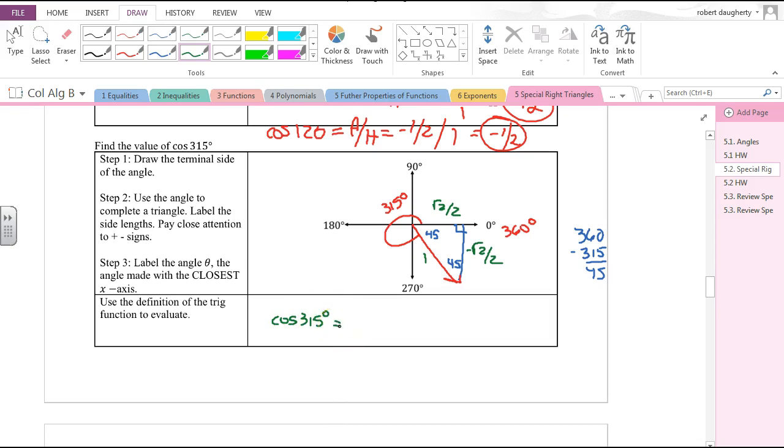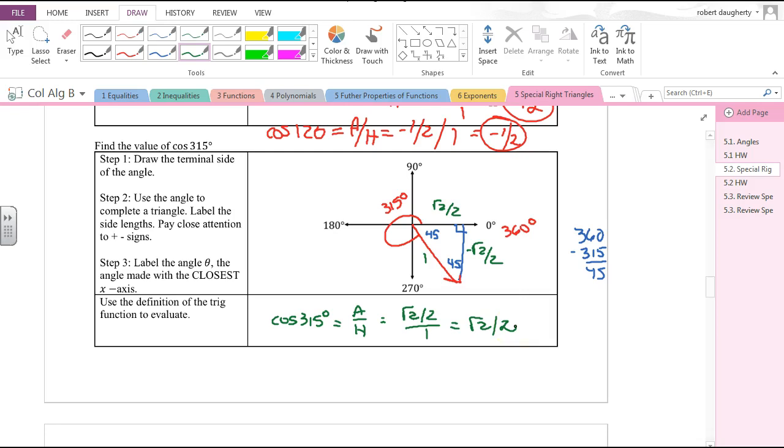What's the definition of cosine? Adjacent over hypotenuse. You look at this angle, what's adjacent? Square root of 2 over 2. What's the hypotenuse? 1. So this is just square root of 2 over 2.